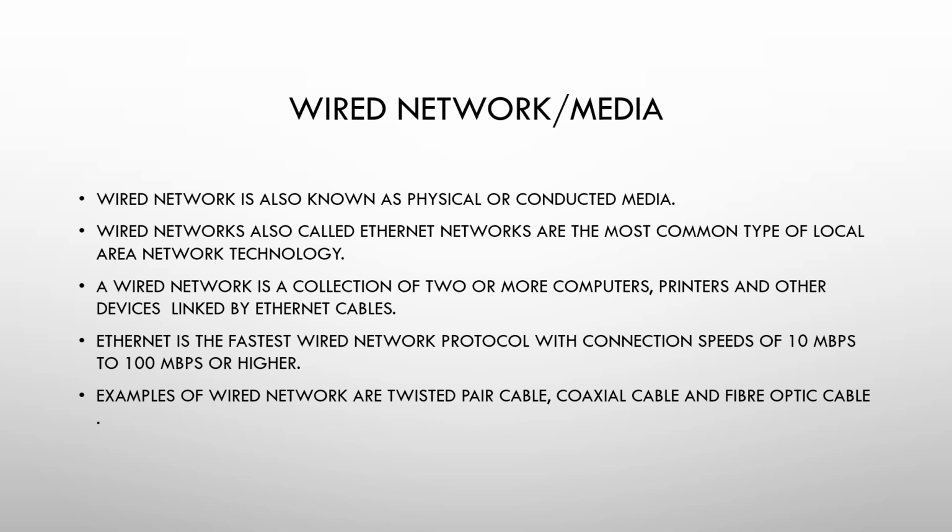When you're communicating with another device, you need at least two physical devices for communication, linked by an Ethernet cable. Ethernet is the fastest wired network protocol with connection speed of 10 Mbps to 100 Mbps or more. Examples of wired network are twisted pair cable, coaxial cable, and fiber optic cable.